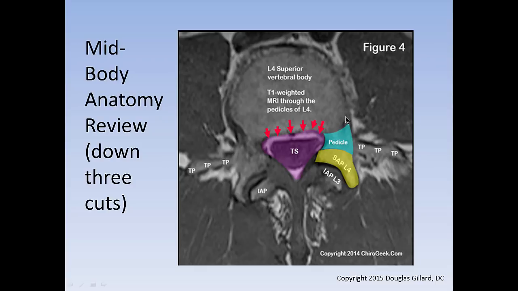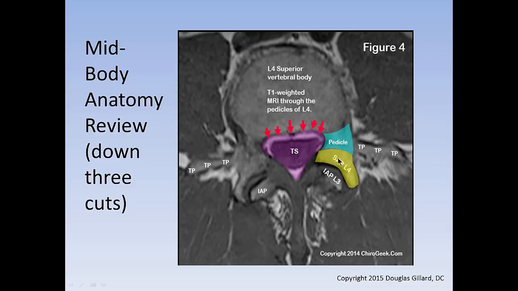Okay, a little bit of anatomy here for you. Again, if this is the L4 superior part of the vertebral body, that means we're a few slices down from which disc? From the L3 disc. So if this is the L4 vertebral body, now we have the pedicle, which we just saw before.